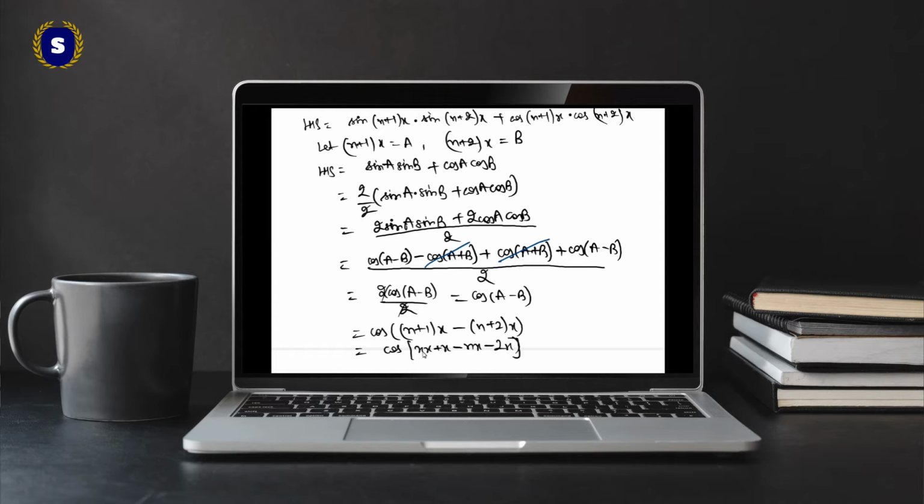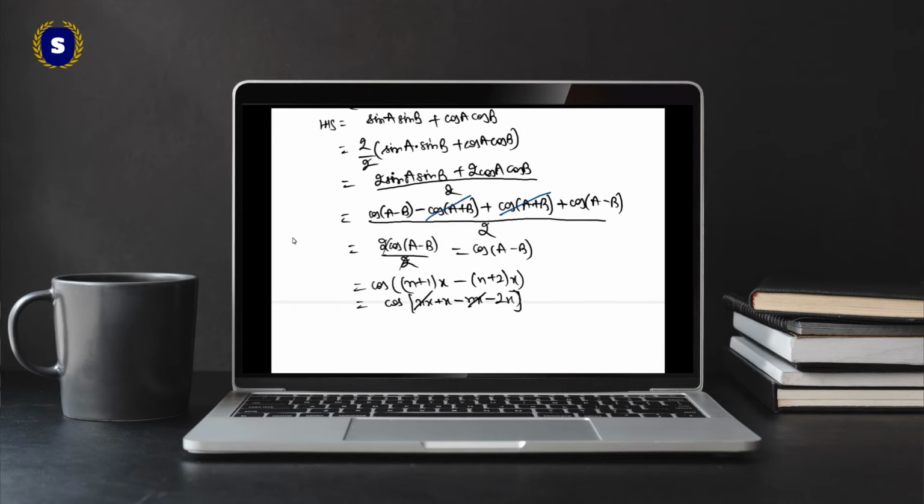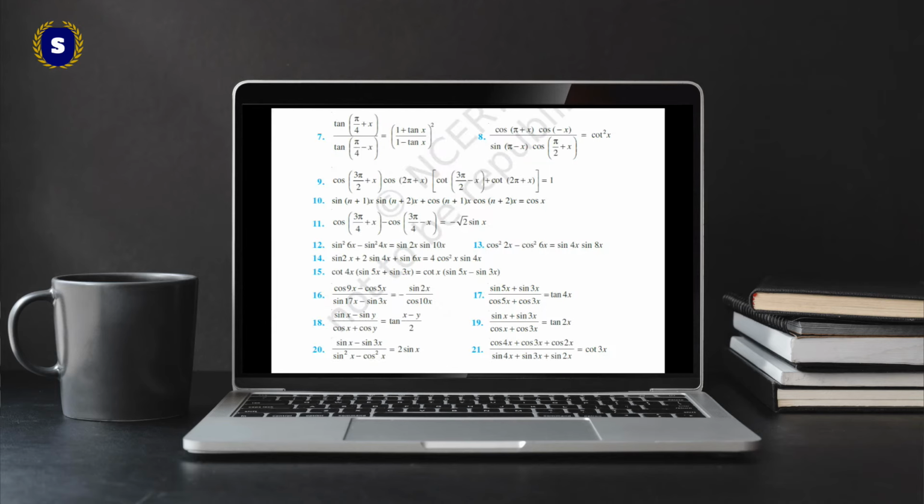So this nx cancels out and we'll get cos(minus x), which is equal to cos x only. Okay, and this is equal to RHS. Hence proved. Let us jump to the next question. Question number 11.